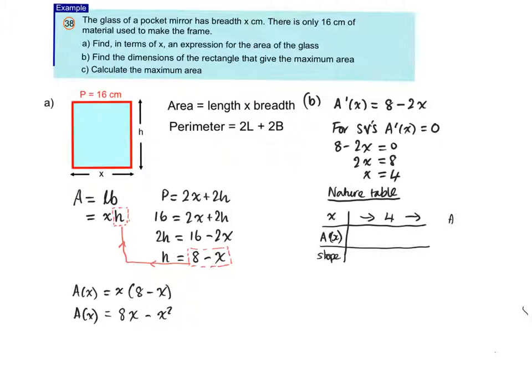So to the left of 4, the obvious number to put in is 3, so we get 8 minus 6, which of course is positive. So we know that's positive.